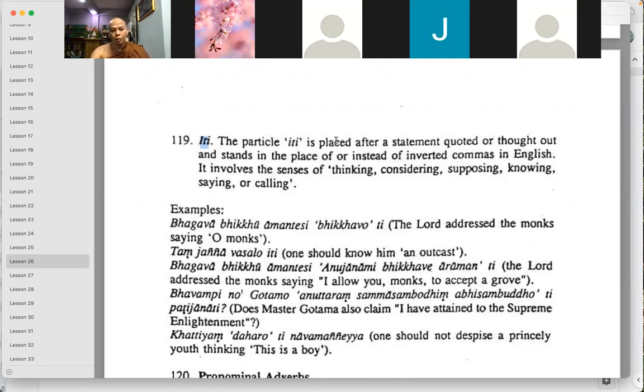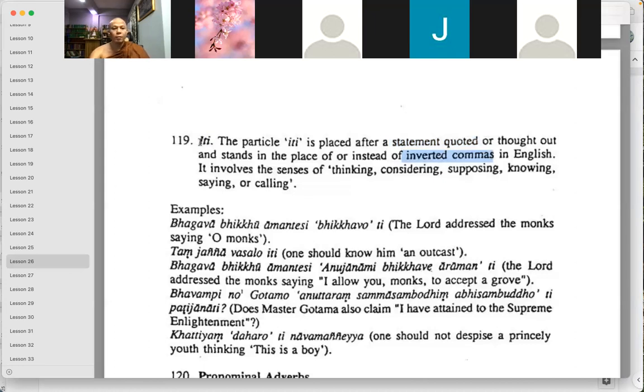It is placed after the statement quoted, like the quotation mark. Iti can be understood that way. Here it is the open and close inverted comma, the quotation mark in English.